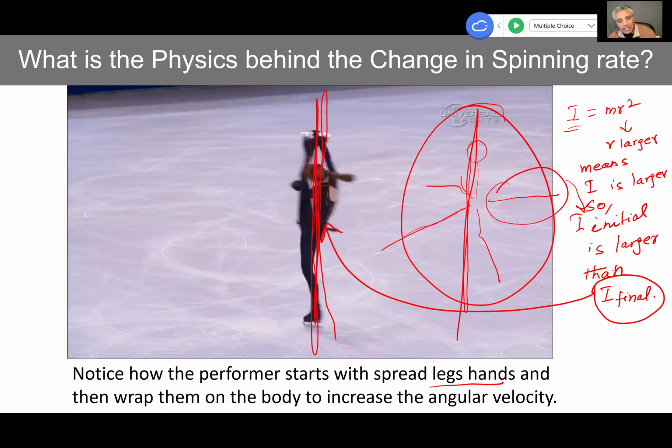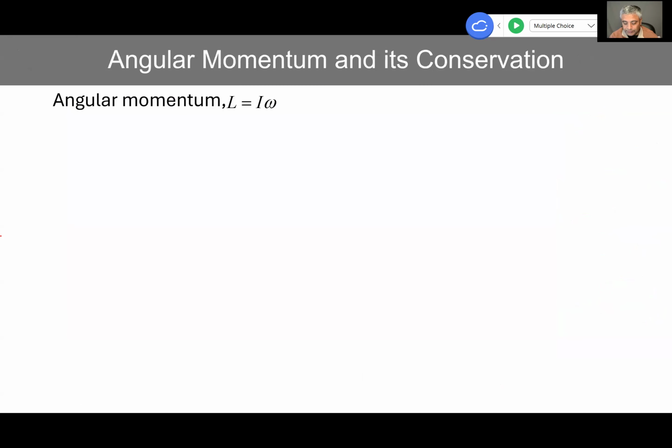So how are inertia and angular speed related? One is kinetic energy, but we can also think in terms of momentum. And notice how this is done on ice, not on the carpet. You cannot do it on the carpet, okay? So we are describing this phenomenon in terms of angular momentum.